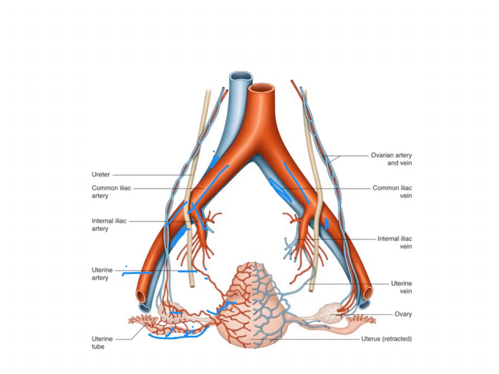If you see the left common iliac artery, which is shorter than the right artery, it is crossed at its middle by the inferior mesenteric vessels. The left common iliac vein is medial to the left common iliac artery. So this is the difference between right and left.